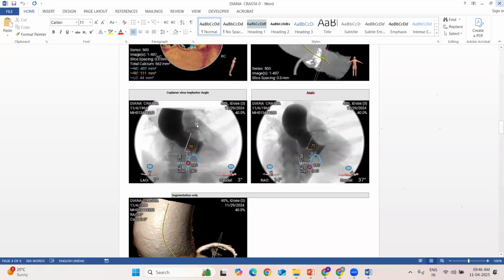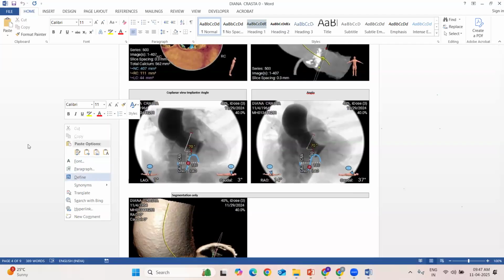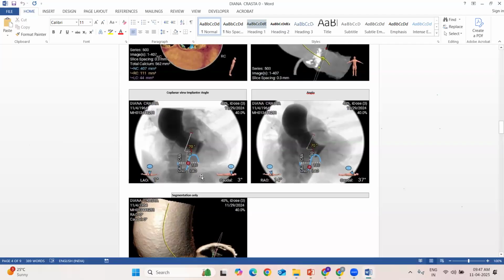There are two things I wanted to explain. This angulation, can you see LAO1 and caudal 3? This is called the implanter's view because they will ask you in the lab what the implanter's view is. Once they have pre-dilated, once your valve is at this junction, they will ask you.